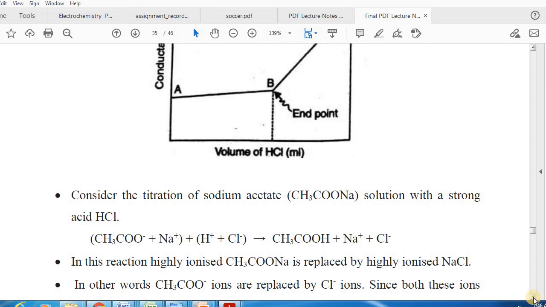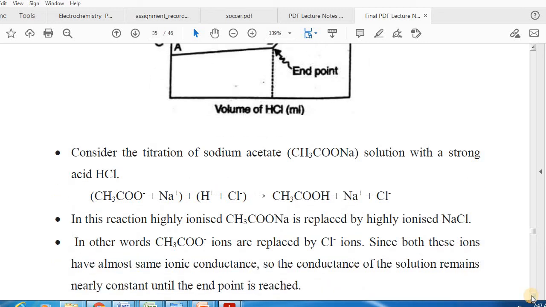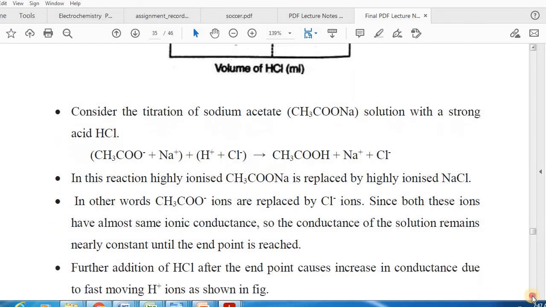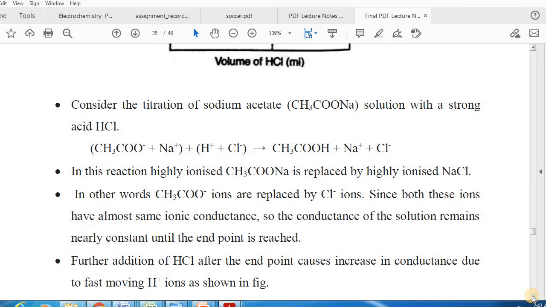So in this reaction, highly ionized sodium acetate is replaced by highly ionized NaCl. In other words, acetate ions are replaced by chloride ions. Since both of these ions have almost the same ionic conductance, the conductance of the solution remains nearly constant until the end point is reached.